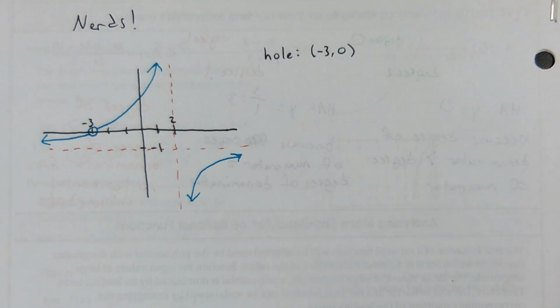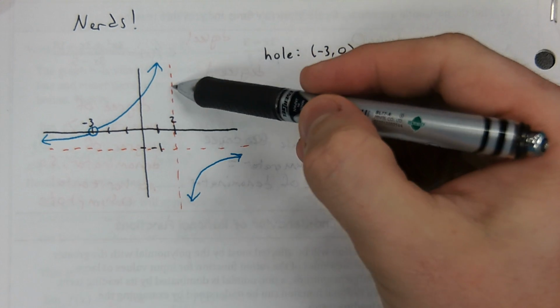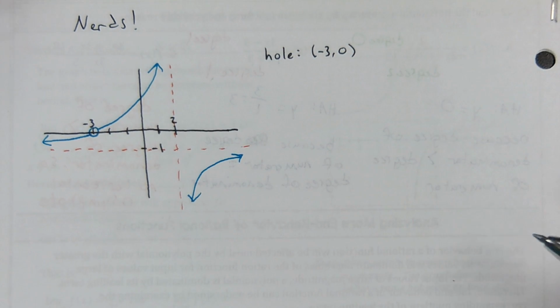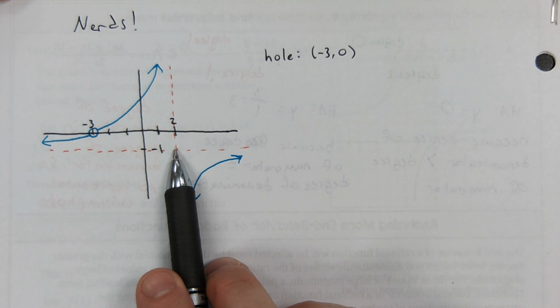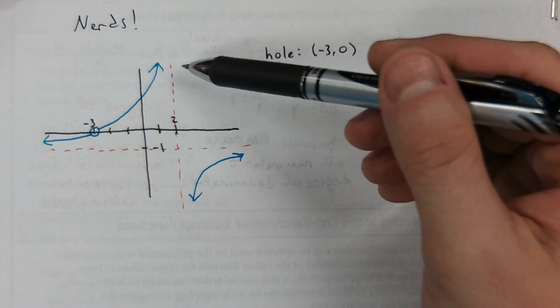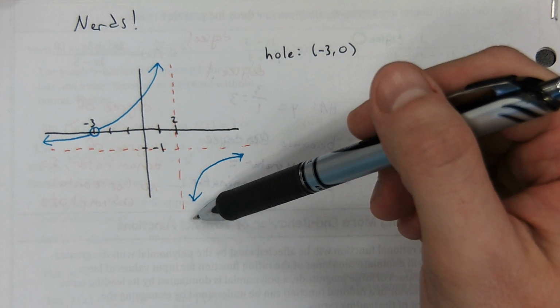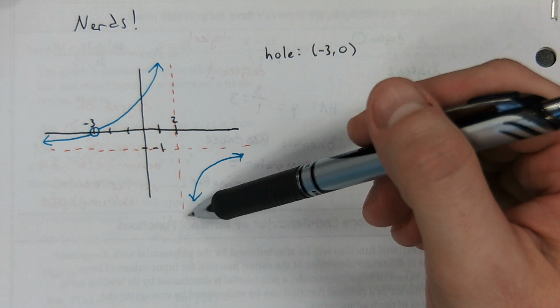The graph simply does not exist at that x value. It also doesn't exist at this x value. So these are two different kinds of what we call discontinuities, and you don't have to know that vocabulary for now, but this is an x where our graph doesn't exist, and this is an x where our graph doesn't exist. We know, because of the previous lessons, that this occurs when we try to divide by 0.